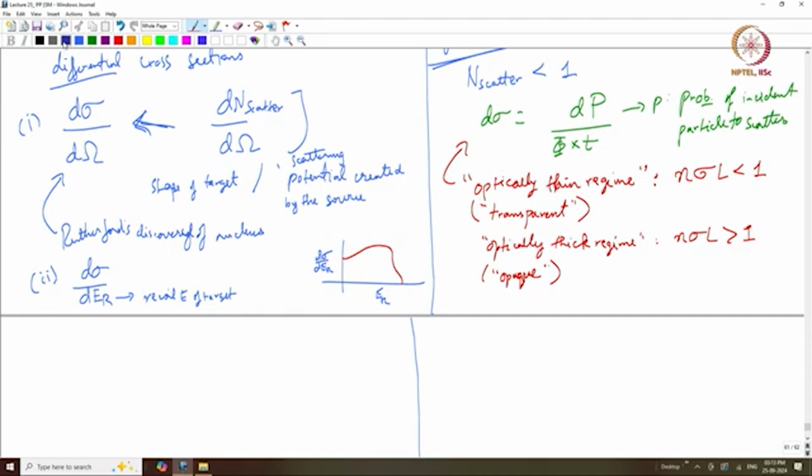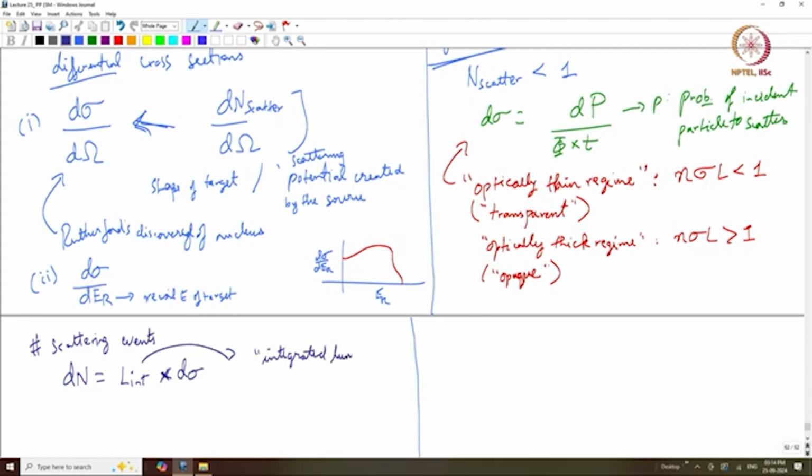Okay, so the number of scattering events that I can expect given this cross section can be written as this, where this L int is the integrated luminosity.